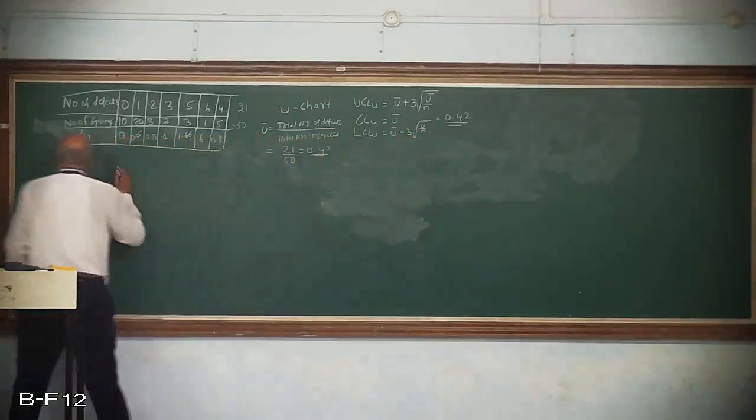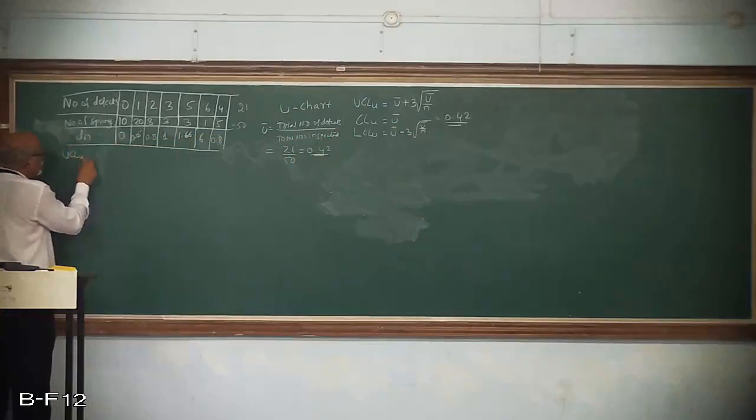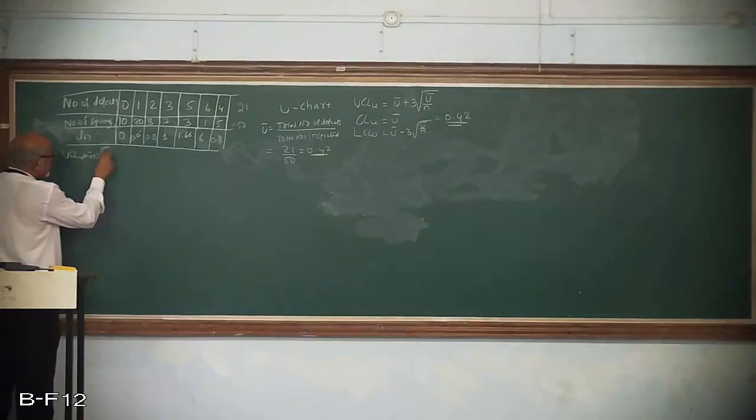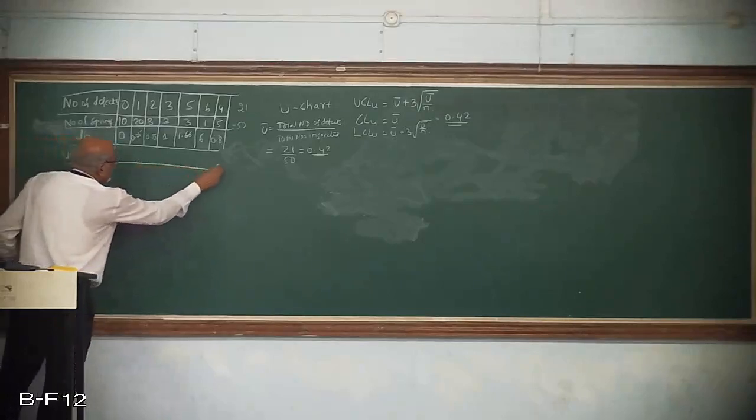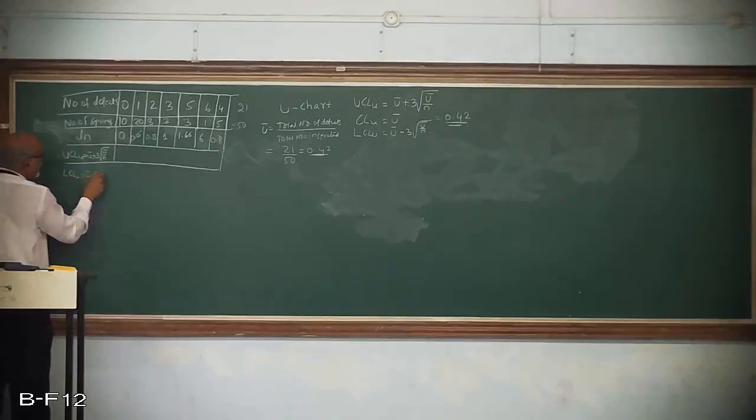So here I will write UCLU, this is equal to U bar plus, we are going to use 3 sigma limits, 3 under square root U bar by n. In general, that is what I have written. And LCLU, U bar minus 3 under square root U bar by n.